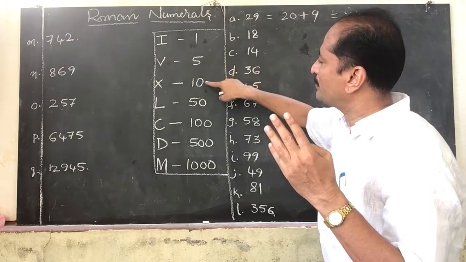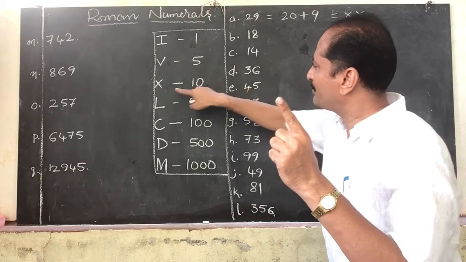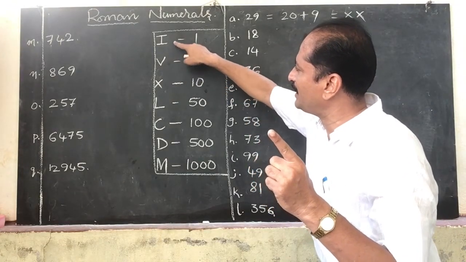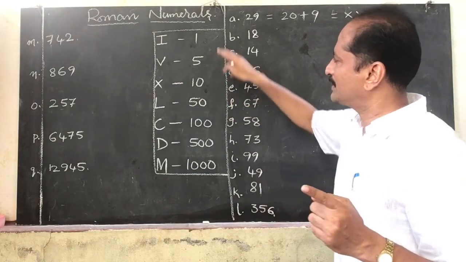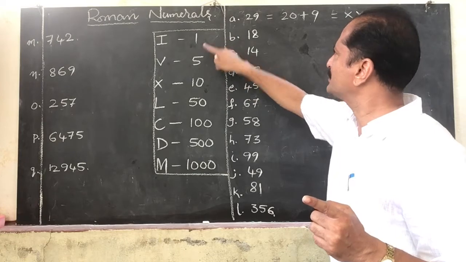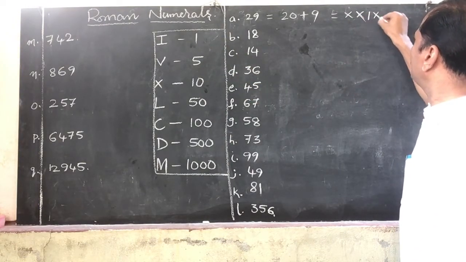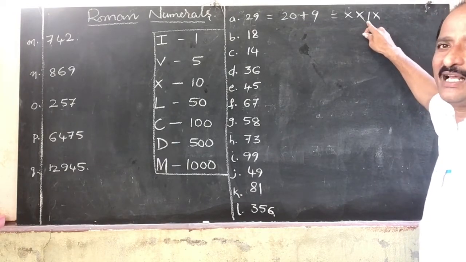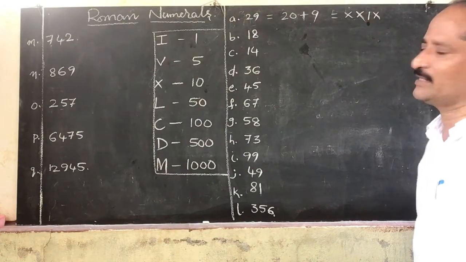So from 10 we have to subtract 1. From X, I can be subtracted. So 10 minus 1 is 9. 10 minus 1 means IX. That means I is written on the left side of the greater symbol, and that is to be subtracted. So 29 can be written like this: XXIX.